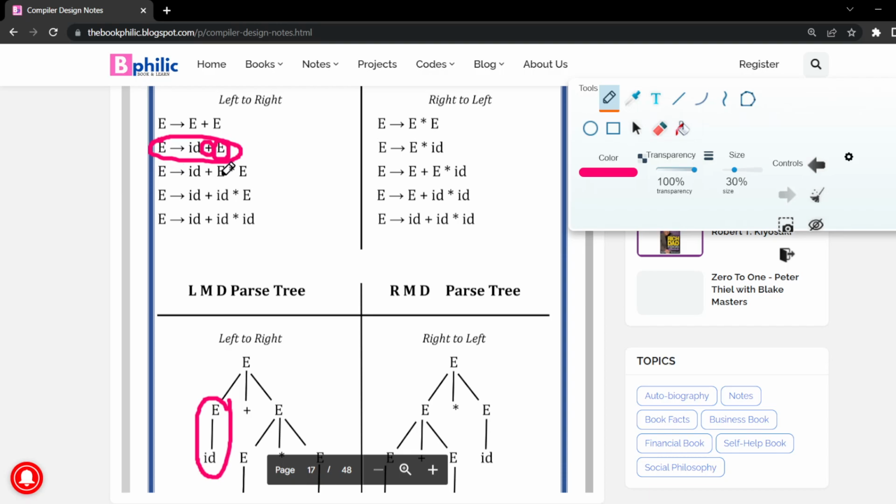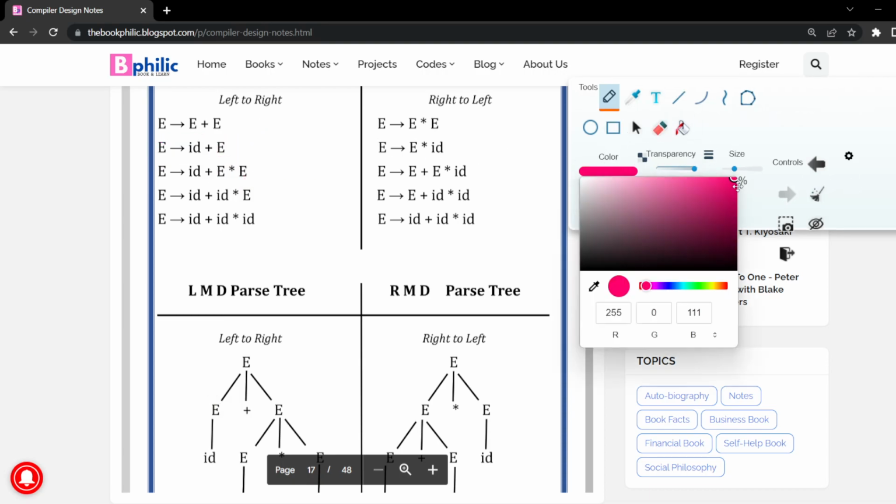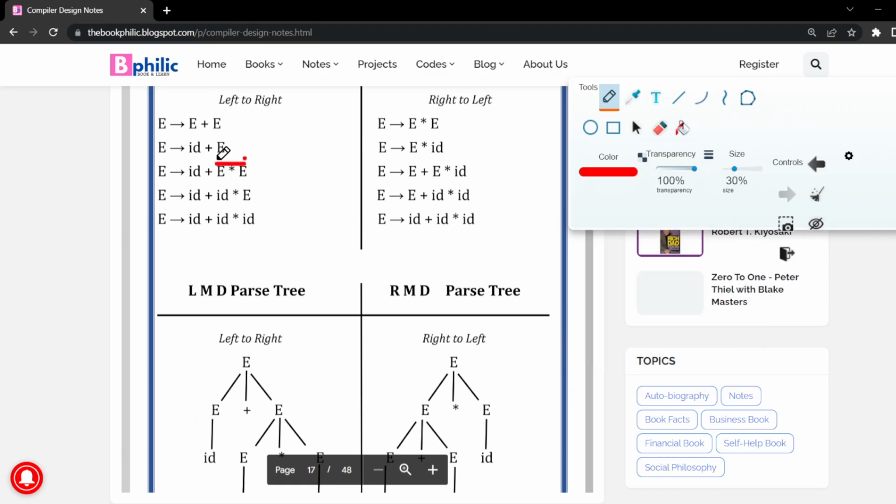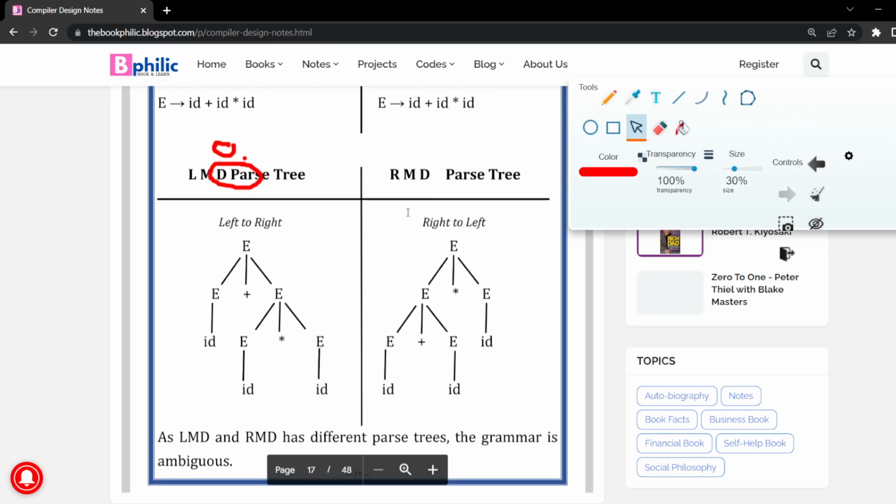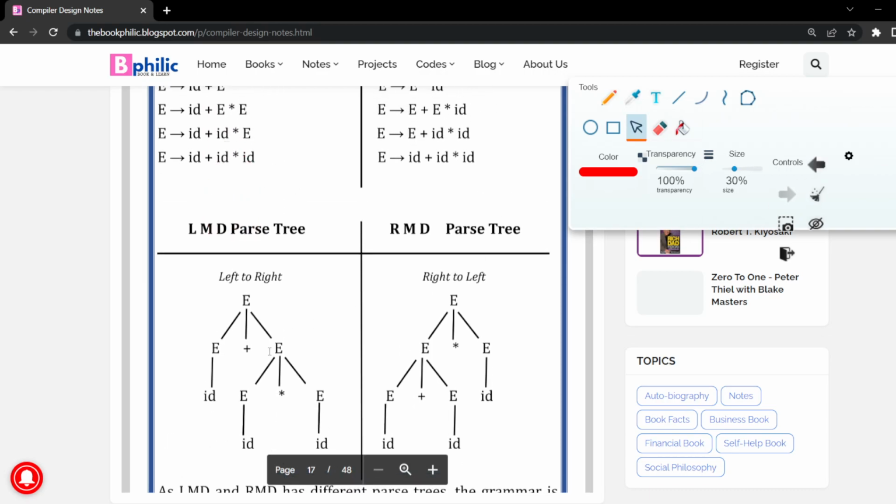Now in the next step, we are deriving this capital E into E star E. Hope you can see it here. So this capital E is derived into E star E, which is right over here. E derives into E star E. Hope you have understood.